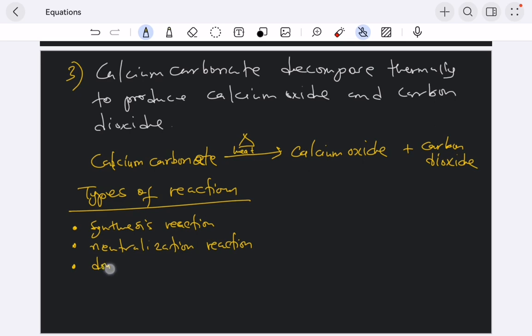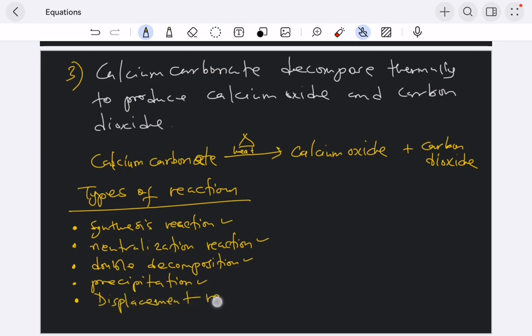We have double decomposition reaction, precipitation reaction. Which one have I left out? Synthesis, neutralization, double decomposition, precipitation. We have what we call displacement reactions. So we can take time to look at those in a separate lesson.